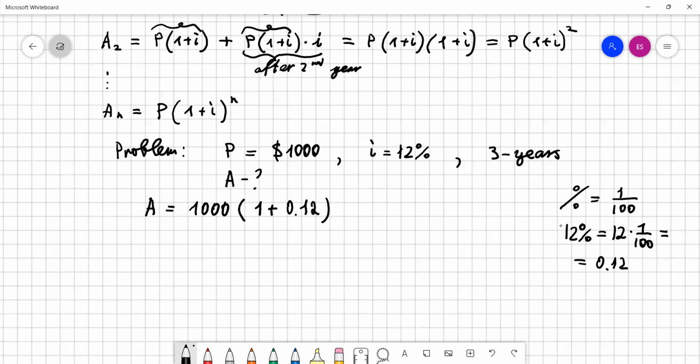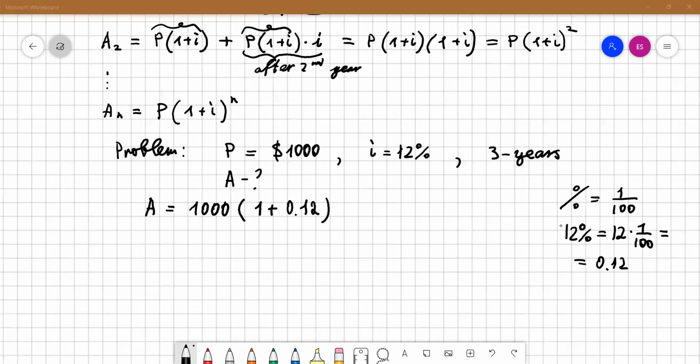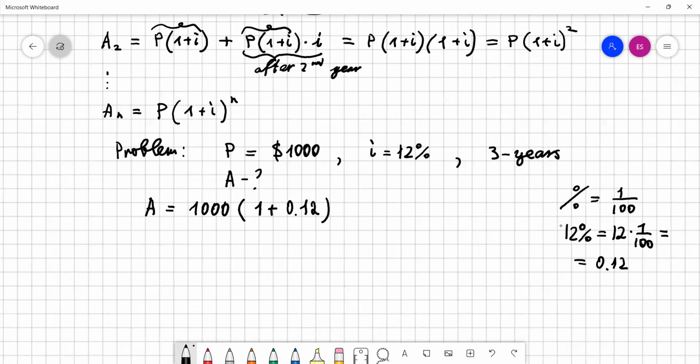Now, over here, the power is going to be 3, because it's 3 years, right? And that's going to be the final amount on account. I'm going to do my calculations using my calculator and give you the number. Give me a second, guys. Trying to find a calculator on my computer.